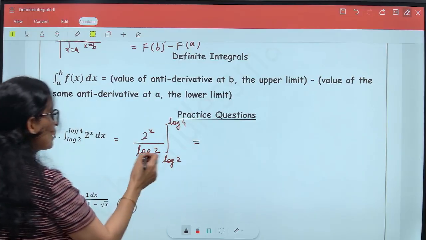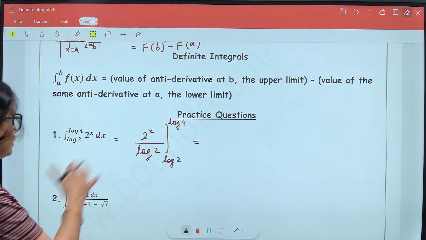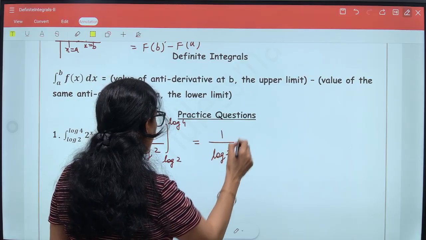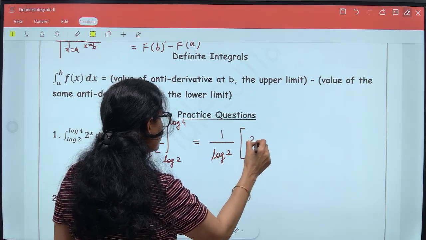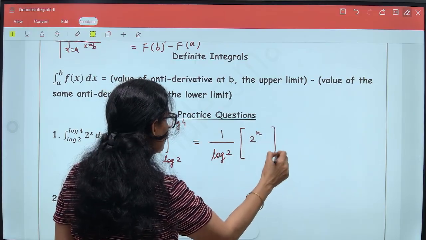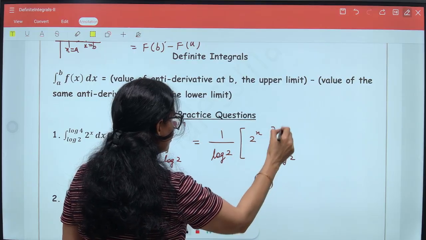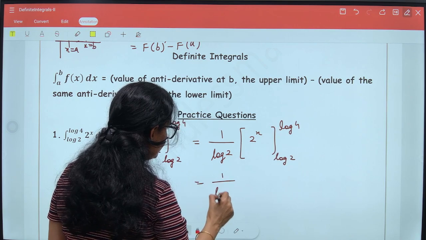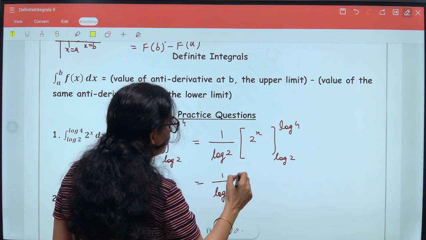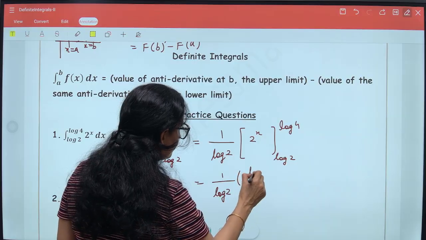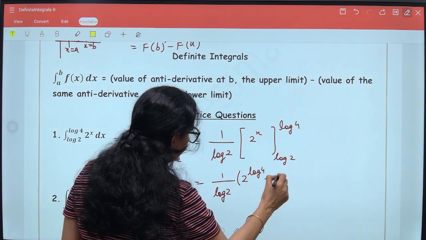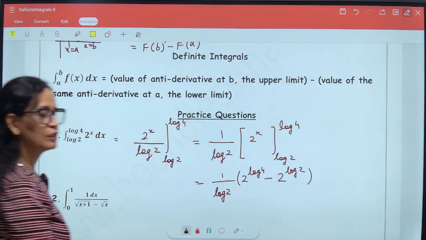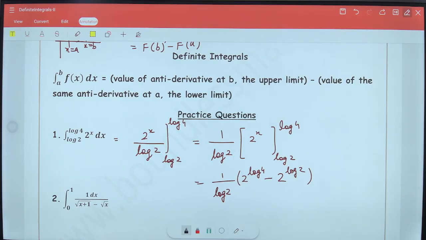Because log 2 is a constant, we can take it out. So it becomes 1 upon log 2 times 2 raised to power x between log 2 and log 4. So the answer becomes 1 upon log 2, times 2 raised to power log 4 minus 2 raised to power log 2. That's it. We don't need to simplify any further.